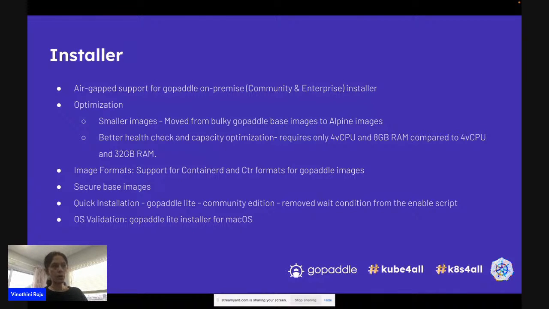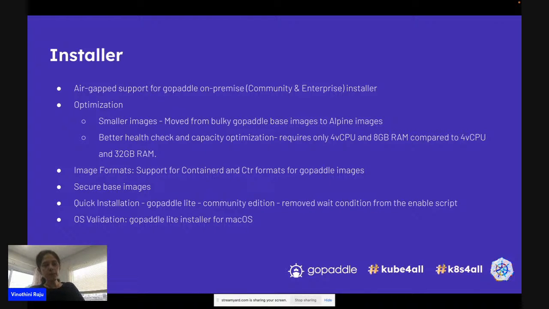You can download all the gopaddle images locally into your own Kubernetes registry or the cache, and import and use them. Or you can set up a private Docker registry within your VPN, onboard all your gopaddle images onto that registry, and use it.